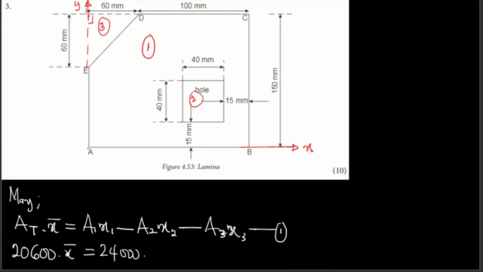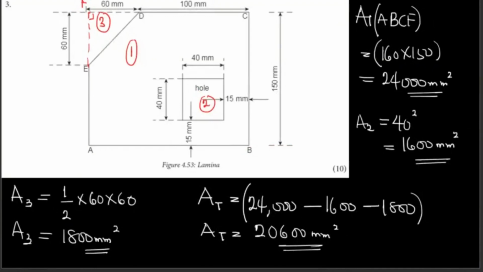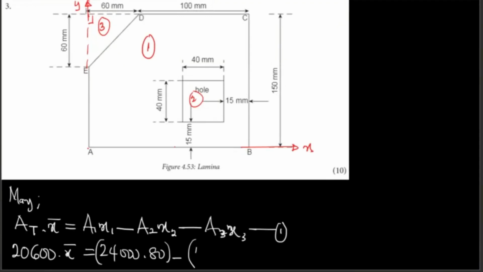You measure to the middle, the center is 80. That's 160. Half of 160 is 80. Then minus A2. Here we don't need to rush. We need to be careful. That's 1,600 multiplied by the distance. Can someone tell me the distance from here to the center of this hole?